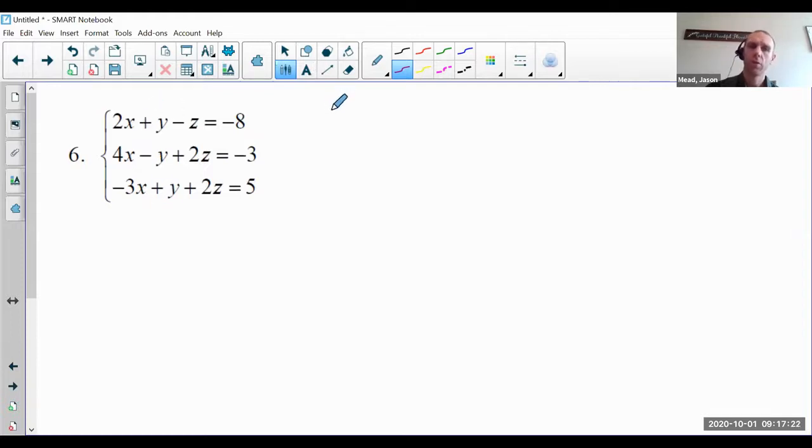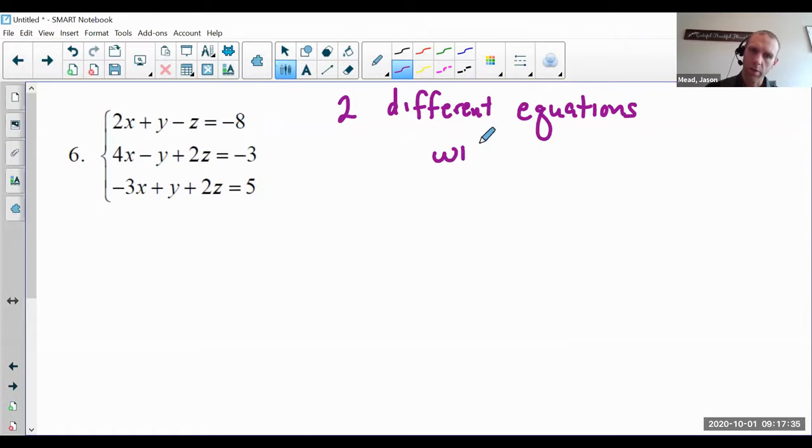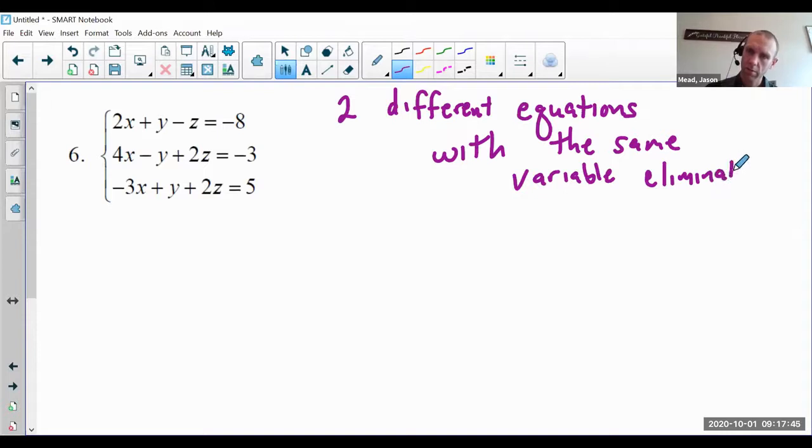So here's our goal: to get 2 different equations with the same variable eliminated. That's our goal. And the good news is I can get that pretty easily in this one.